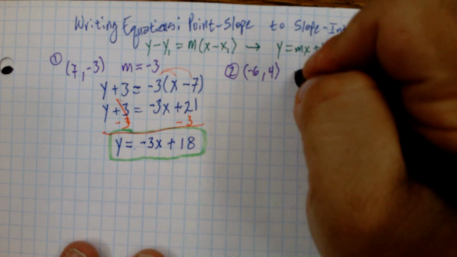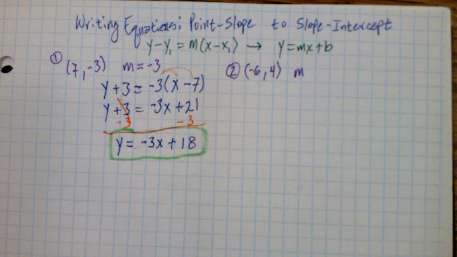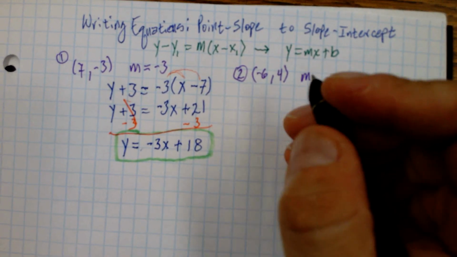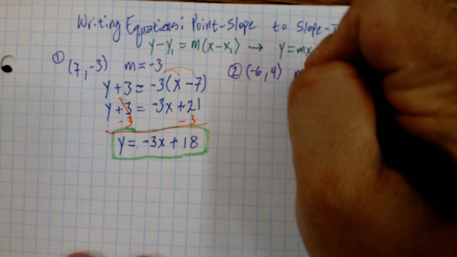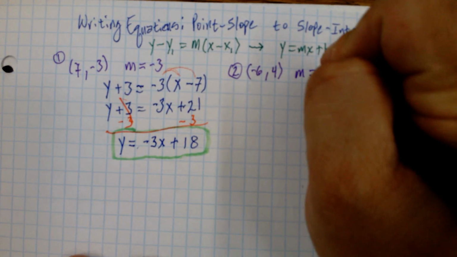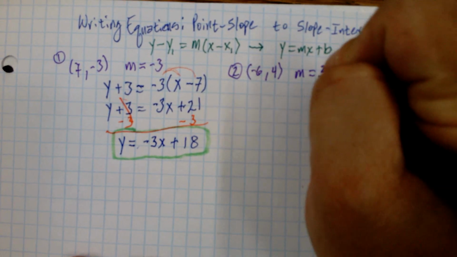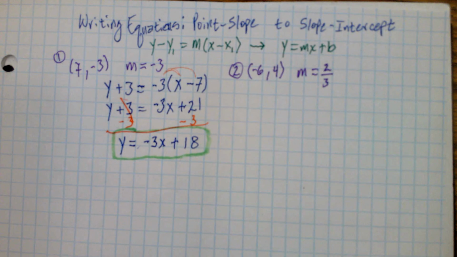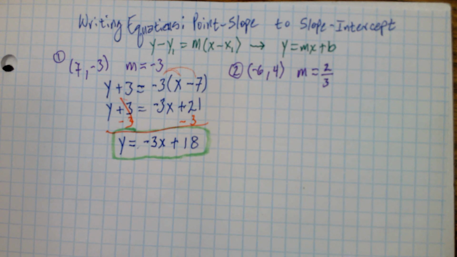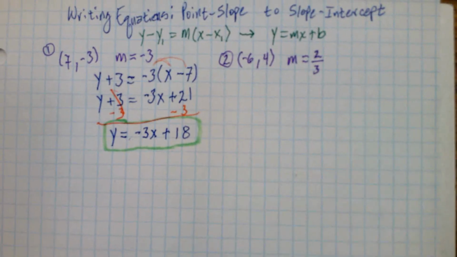And the slope is going to be 2/3. Okay. So we have a point, we have a slope.